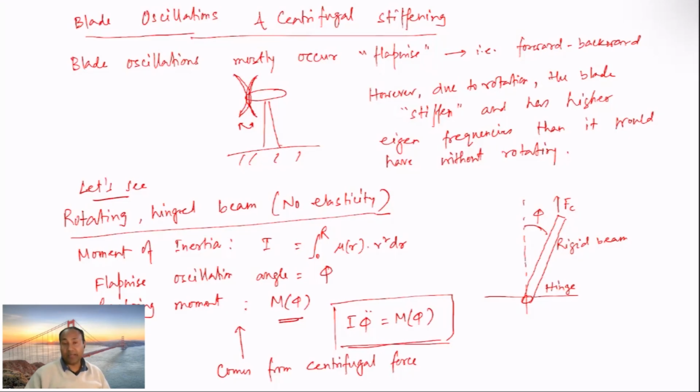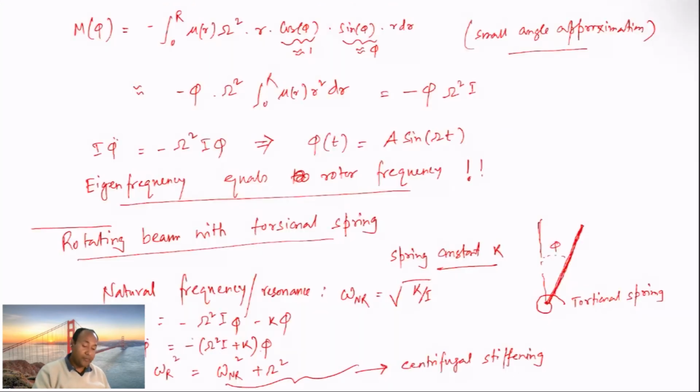So this gives you an idea of why the stiffening happens, which is because of centrifugal stiffening. These are giving a broad idea about the things which are taken into account.